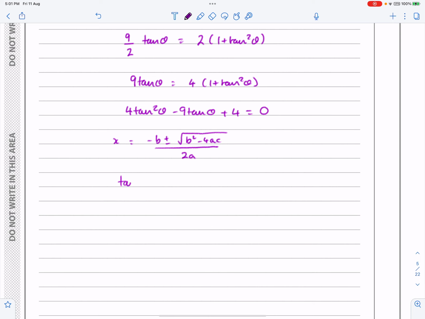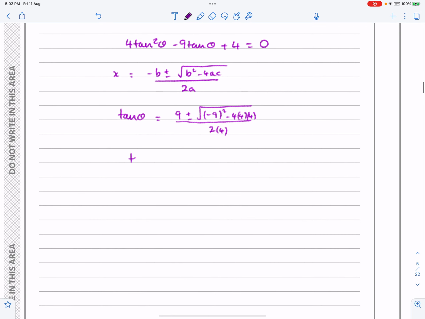So in other words, tan theta is going to be equal to minus minus 9 is 9, plus or minus the square root of minus 9 squared minus 4 lots of, and a and c is 4 and 4 again there, all over 2a, so all over 2 lots of 4.